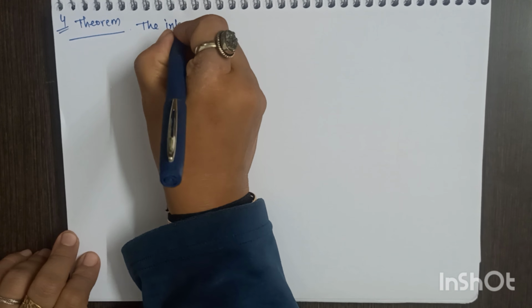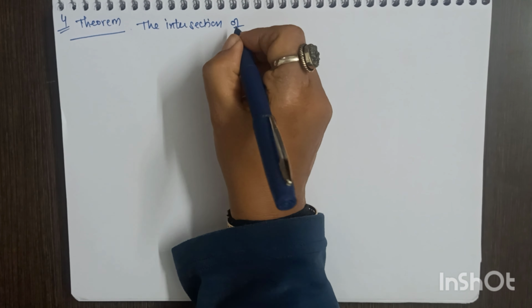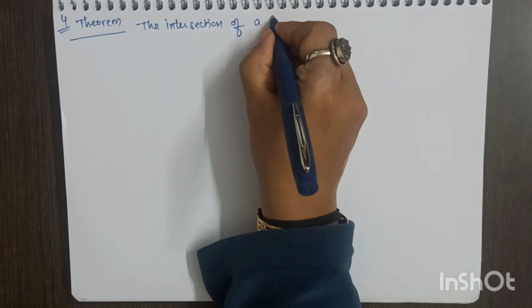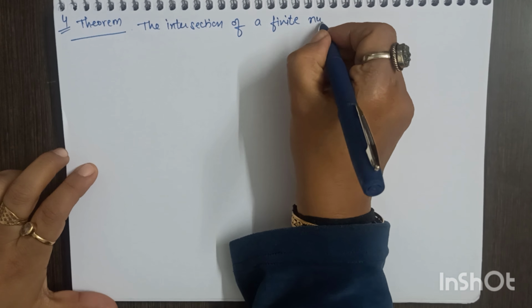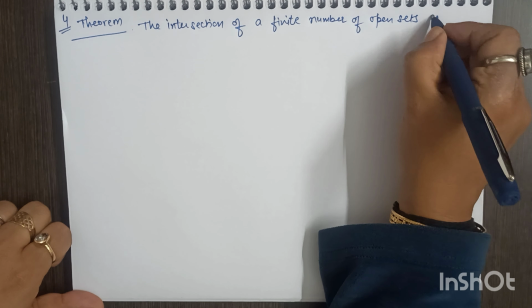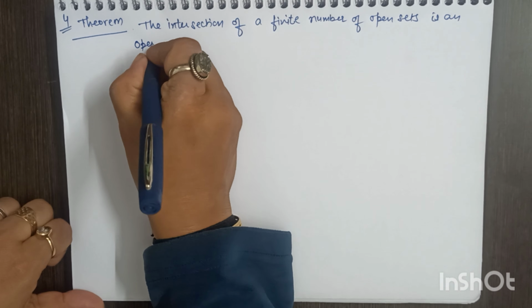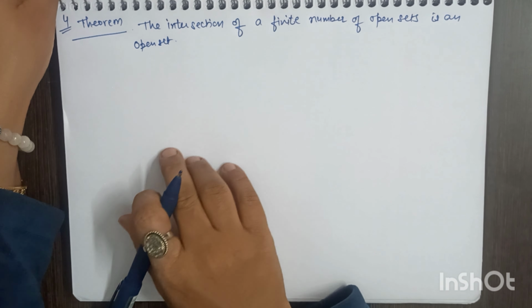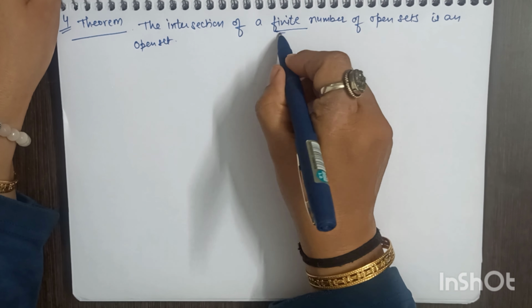Next we have: the intersection of a finite family of open sets is open. Now in intersection we take a finite family.